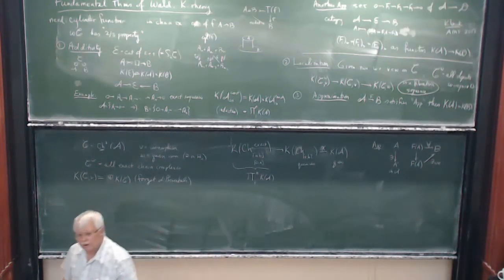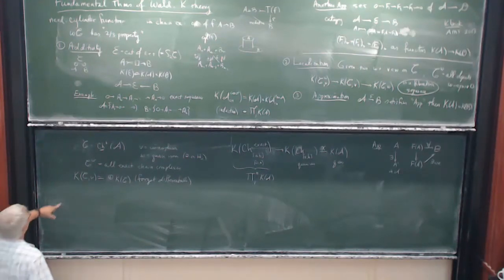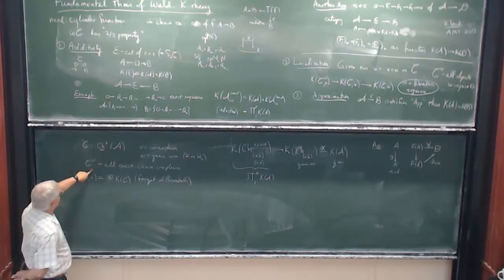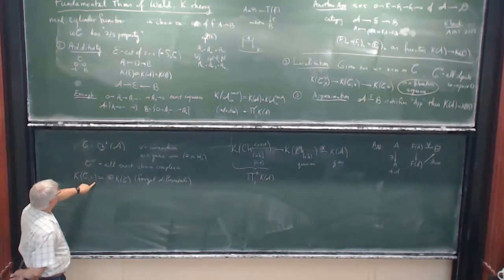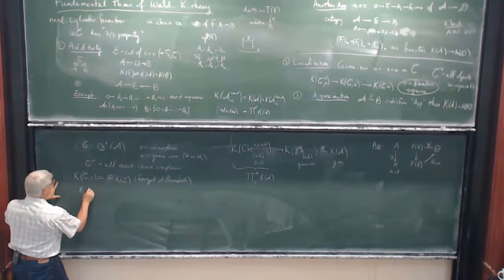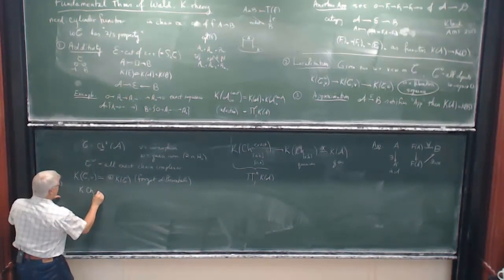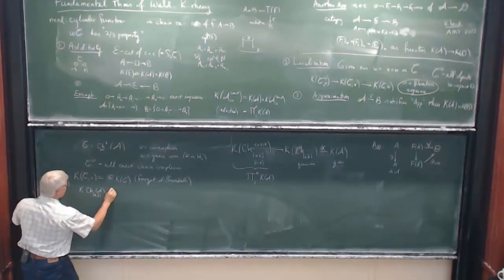I'm sorry, what? K of C with V equal to sum of K of C. Where are you? Are you up here or there? Now I'm there. Here? Yeah. W. So let's just write this. Chain complexes from A to B on the category A relative to the isomorphisms.